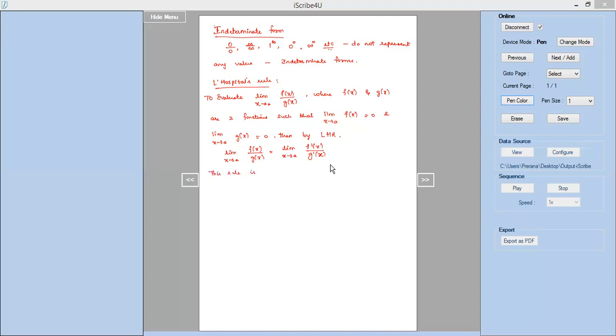This rule, that is L'Hopital rule, is applicable for 0 by 0 and infinity by infinity forms. So if we are talking about any other forms, we need to reduce the indeterminate form to 0 by 0 or infinity by infinity, and then we have to apply L'Hopital rule.